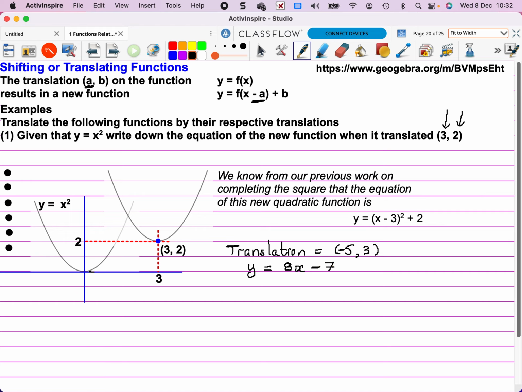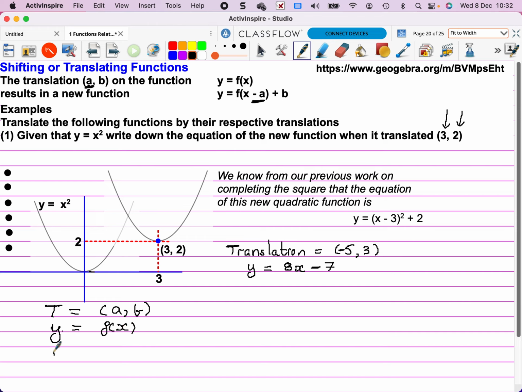Now, if we go back to the original formula, the translation is (a, b). The original function is y equals f of x.